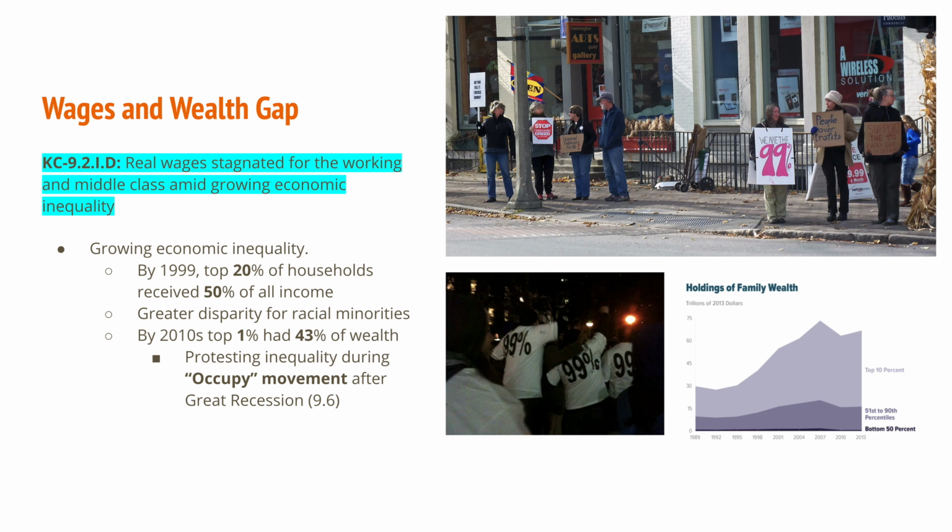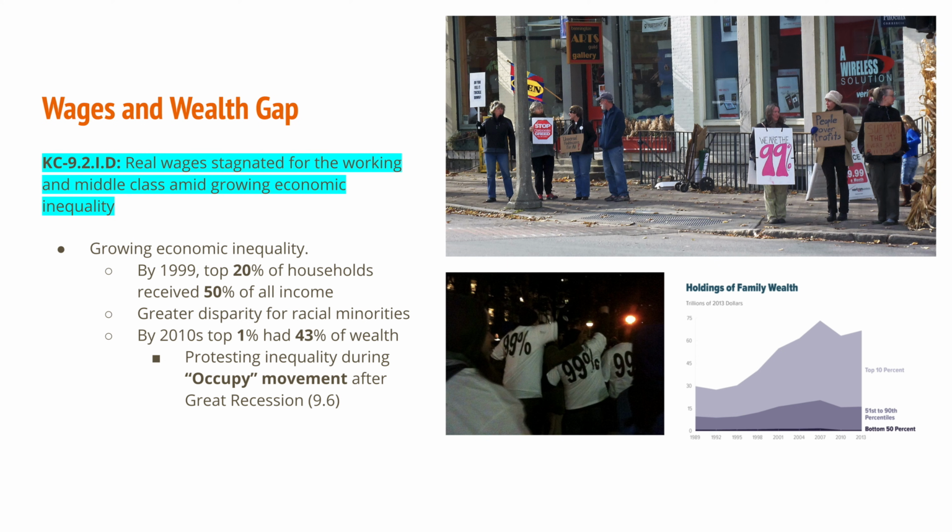So by 1999, the top 20% of households received 50% of all income, and there was an even greater disparity for racial minorities. By 2010, the top 1% had 43% of the wealth, and as you can see in the graph in the bottom right, the top 10% here held about 75% of the nation's wealth.